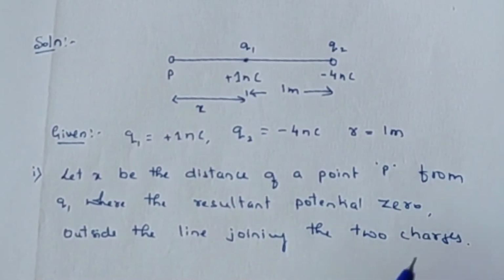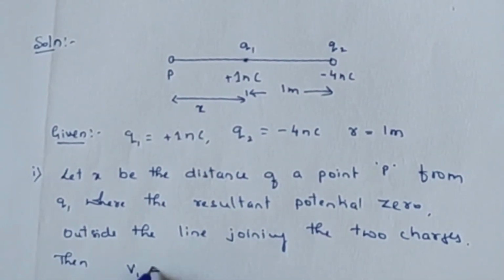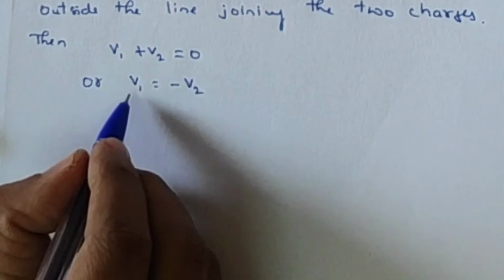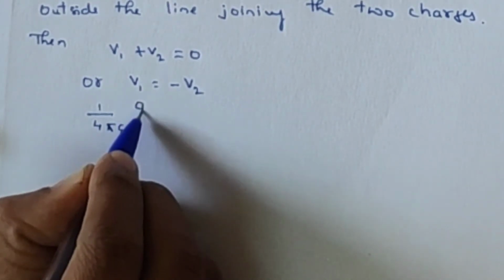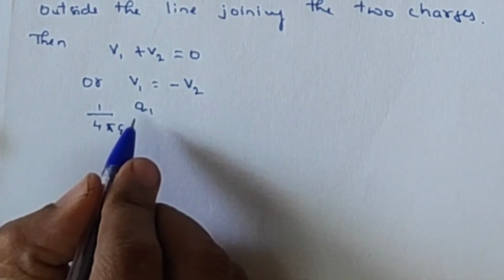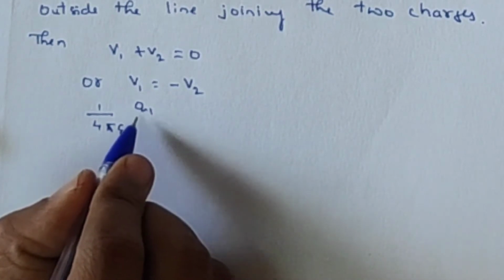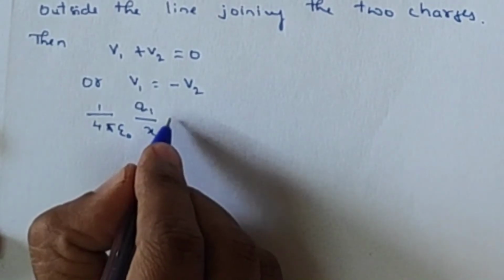Here we are considering V1 plus V2 equal to 0, or V1 equal to minus V2. So V1 value is 1 divided by 4 pi epsilon naught, Q1 by x.